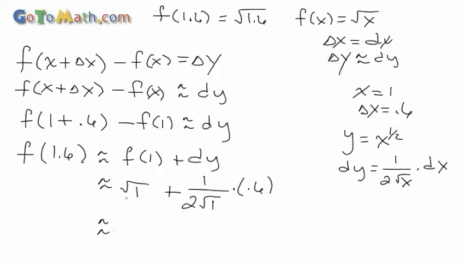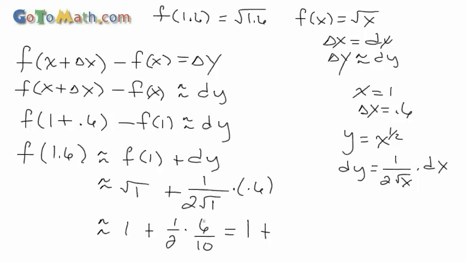And so the square root of 1 is just 1. And then this becomes 1/2 plus 1/2. And this right here is going to become 6 over 10. 6 over 10, so this actually reduces down to 1 plus 6 over 10.